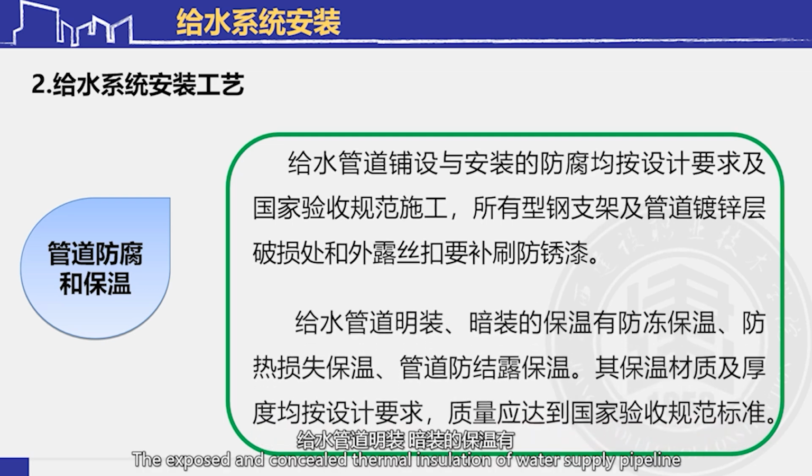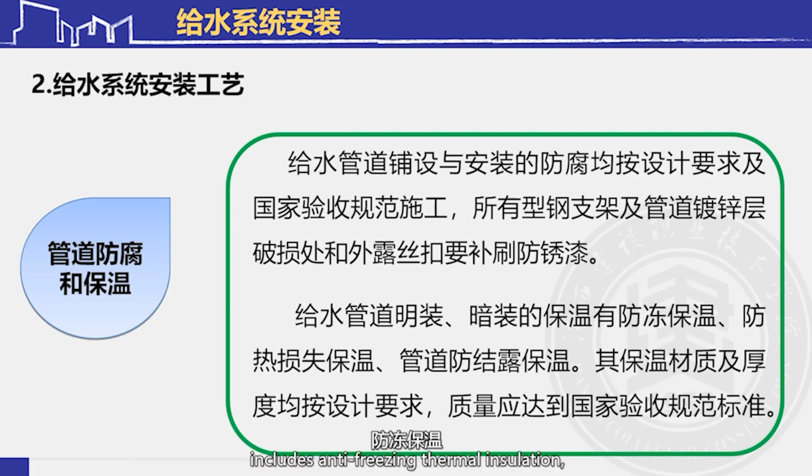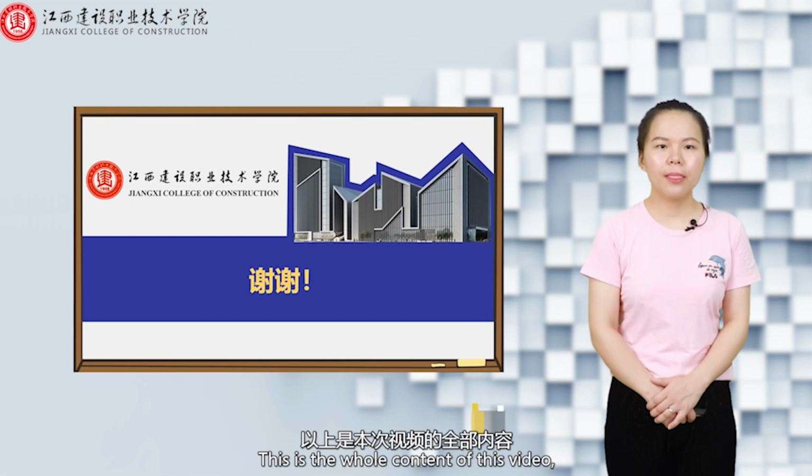The exposed and concealed thermal insulation of water supply pipeline includes anti-freezing thermal insulation, anti-heat loss thermal insulation, and pipeline anti-condensation thermal insulation. The insulation material and thickness shall comply with the design requirements, and the quality shall meet the national acceptance standards. This is the whole content of this video.